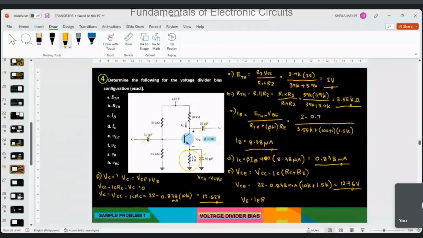So therefore, that's 0.838 multiplied by our RE nga 1.5. Okay. So VE na to would be 1.26 volts, right? And plus na to siya o VCE nga 12.36.